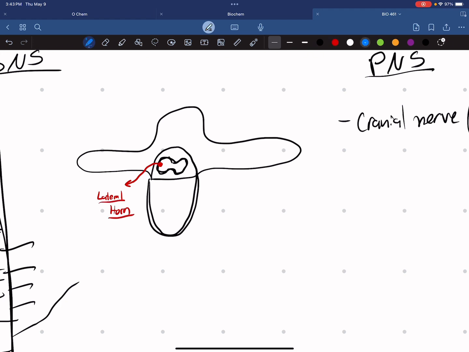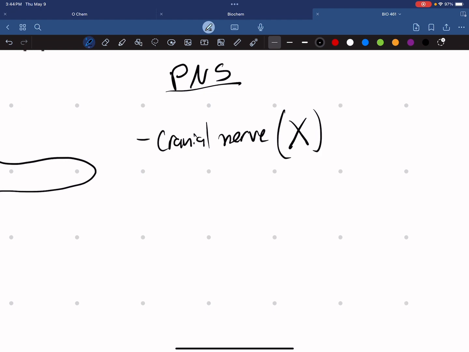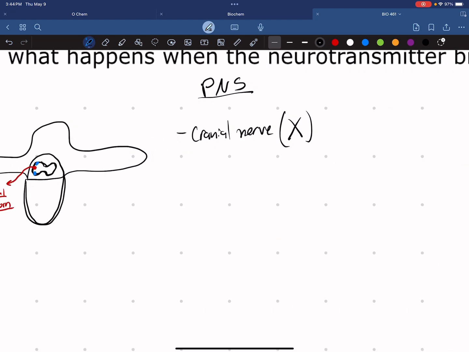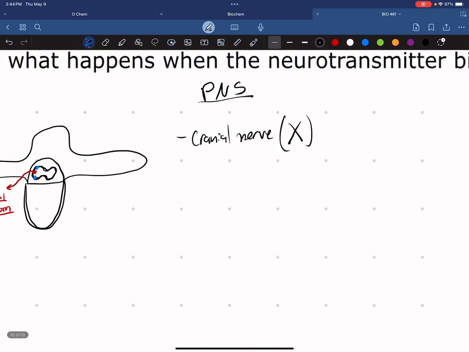When we compare that to the somatic nervous system, they will stem from the anterior and posterior horns of the spinal cord in comparison. When we talk about the parasympathetic nervous system, those nerves will originate from cranial nerve number 10, and that is where they will all come from.